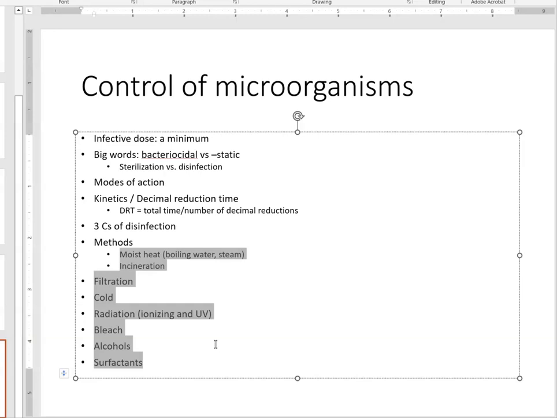Like, would somebody use them primarily to sterilize something? Or would someone be able to use them to sterilize something in an easy amount of time, in an easy situation? So for example, boiling water, no.